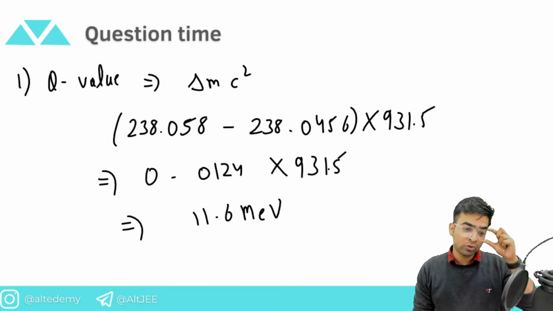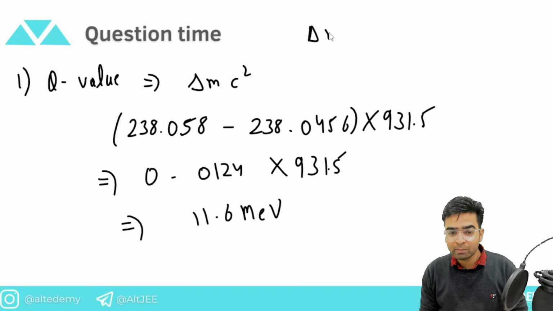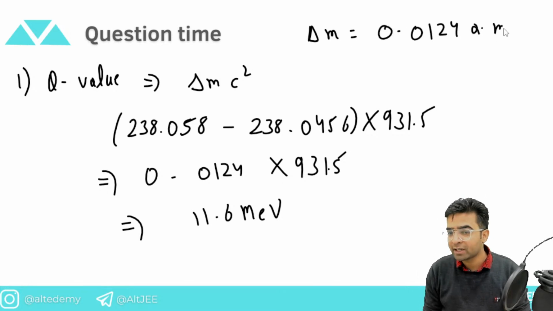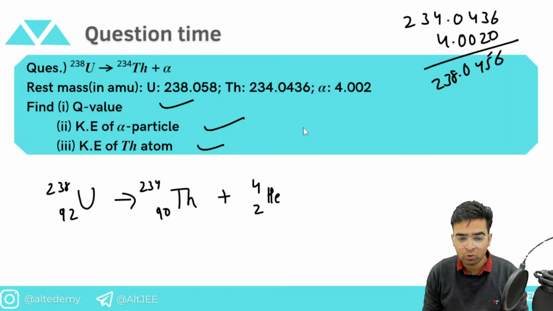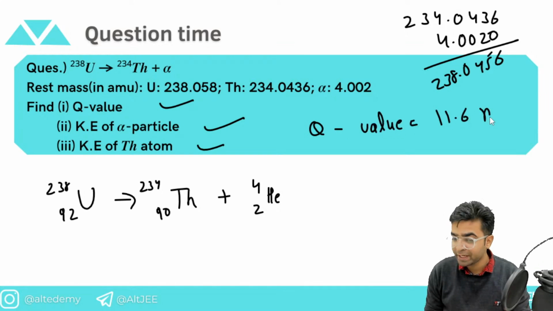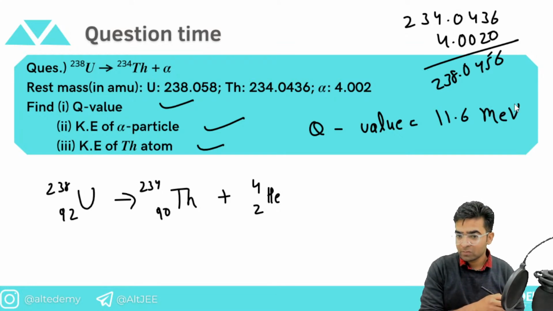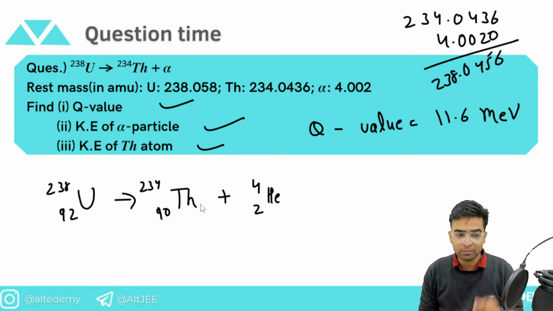So the mass defect in this process is 0.0124 AMU, and the Q value is 11.6 mega electron volt.